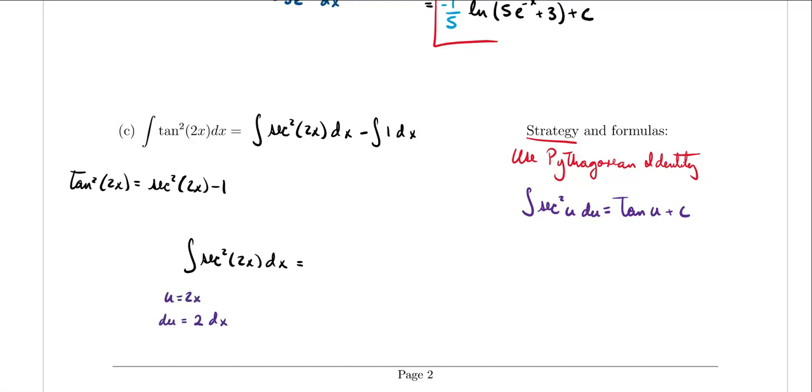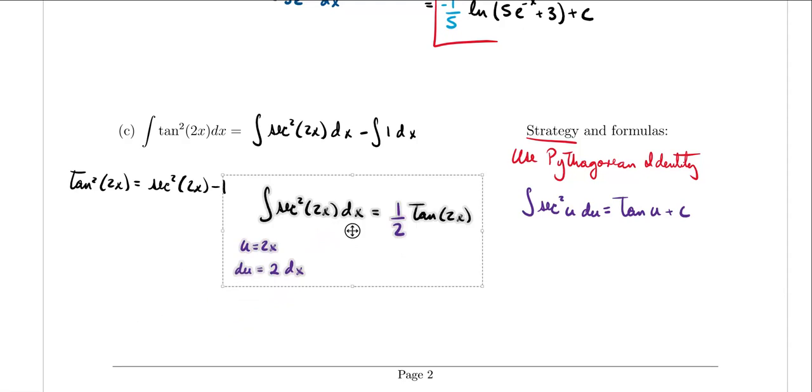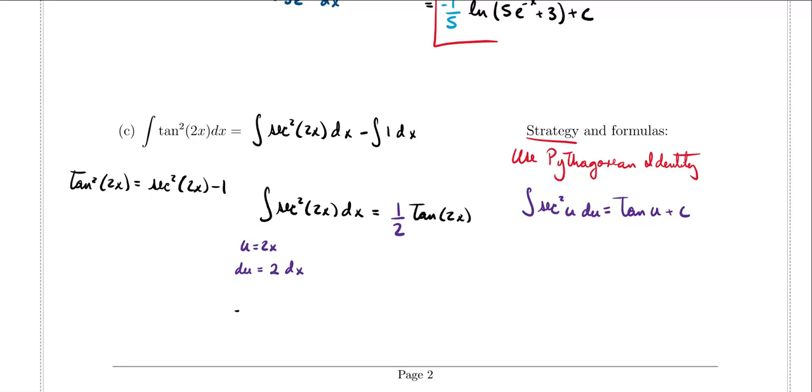So that means that we're going to have here a 1/2 times the tangent of 2x. Now the integral of 1 dx, that's pretty straightforward. So our final answer then is going to be equal to 1/2 times the tangent of 2x minus x plus c. And there we go. This one here, not too bad.